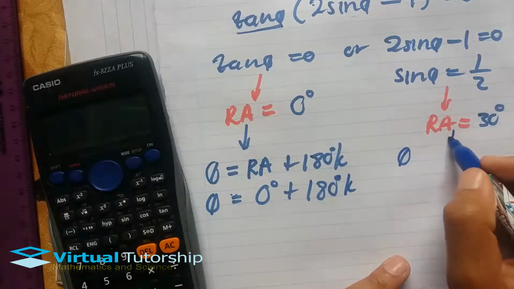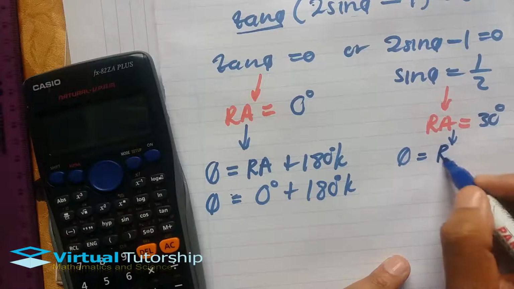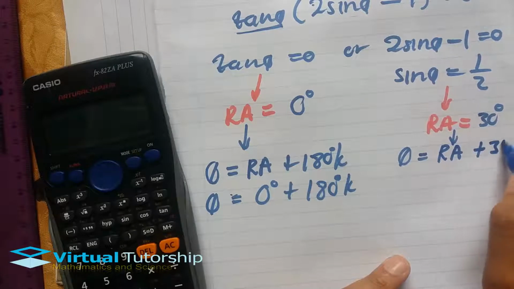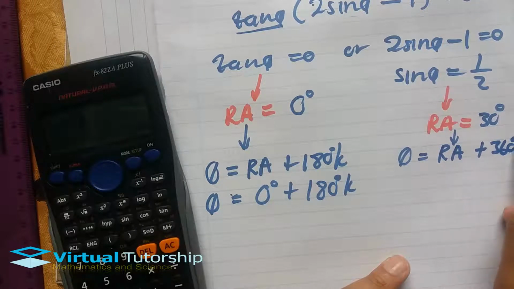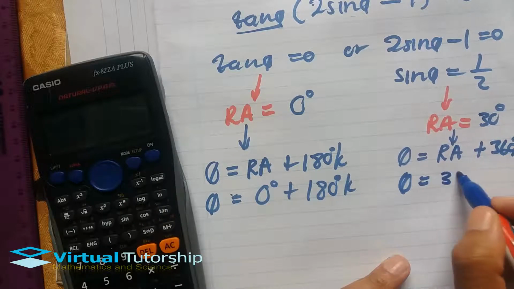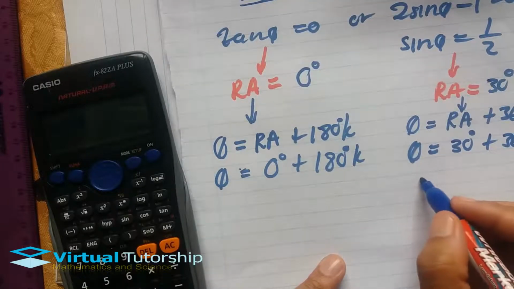Theta la or general solution yala na okay, it's a reference angle plus 360 degrees k. Theta is equal to reference angle ubani, 30 degrees plus 360 degrees k.